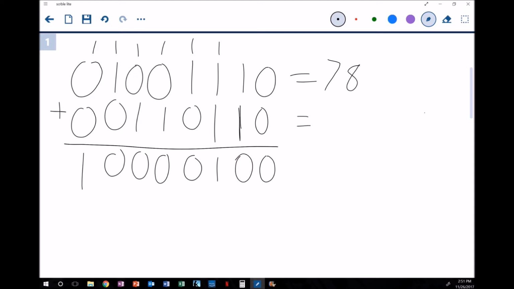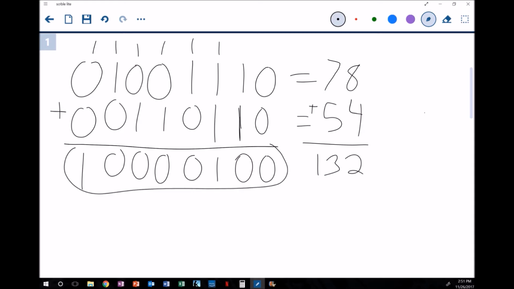And the second number 0, 0, 1, 1, 0, 1, 1, 0 equals 54 in decimal. So if we take 78 plus 54, we get 132.